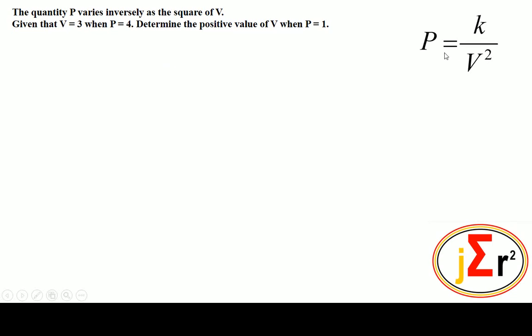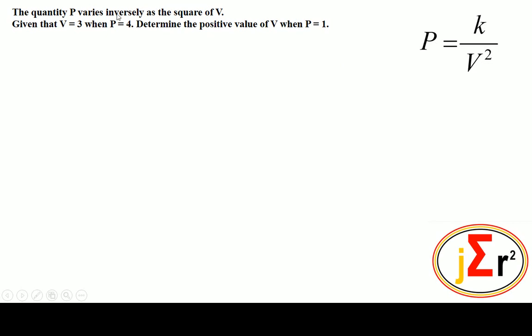And that is why it is written with V squared in the denominator, because the relationship with P and V squared is an inverse relationship. So we are talking about the multiplicative inverse, which will be the reciprocal of V squared.